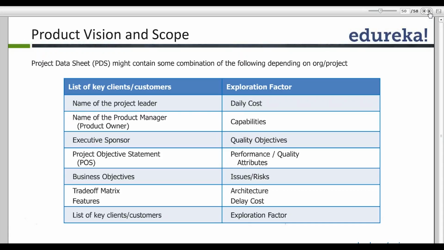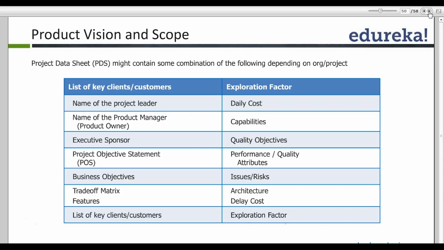Then the trade-off matrix and features. This section talks about the features we are planning to develop, and in case we need to put in some additional features, which features will go off the product. Typically our features are prioritized, and the low level features are the ones which fall off the radar. So in case a new feature comes in which is of a higher priority, the low level features are the ones which go off the radar.